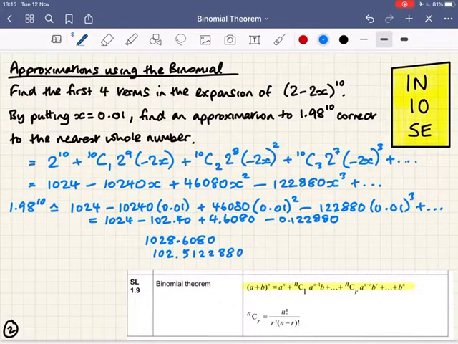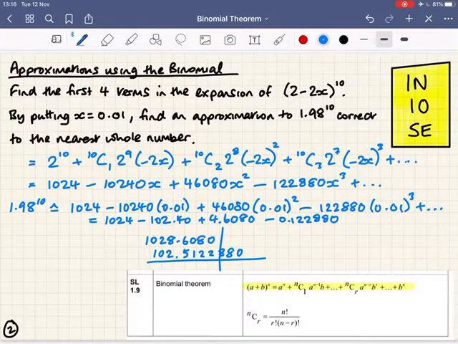102.51228 and so on. So I can forget about some of that because I'm only interested in an answer to the nearest whole number. So if I just take some of the calculation away, I can then, sorry, that should be 5122. Great, okay, let's do that.